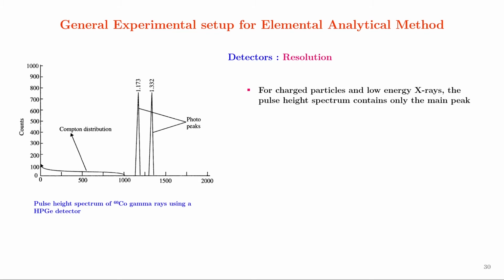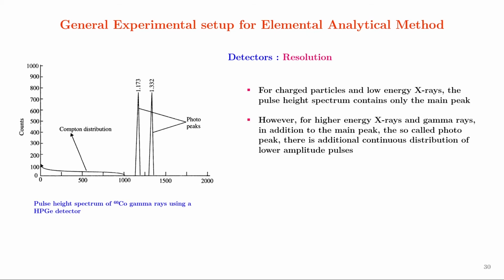For charged particles and low energy X-rays, the pulse height spectrum contains only the main peak. However, for higher energy X-rays and gamma rays, in addition to the main peak, the so-called photopeak, there is an additional continuous distribution of lower amplitude pulses.